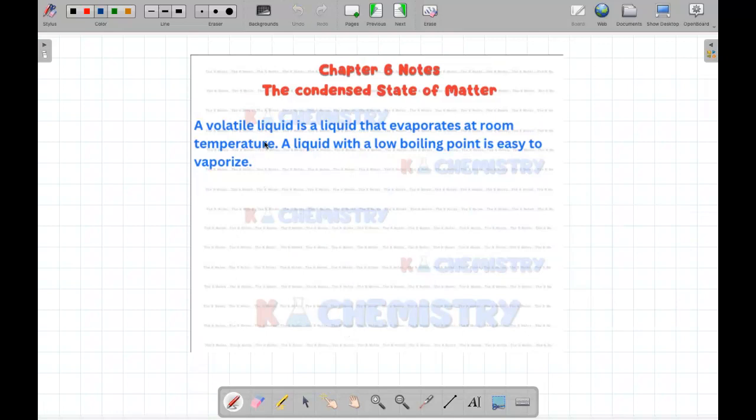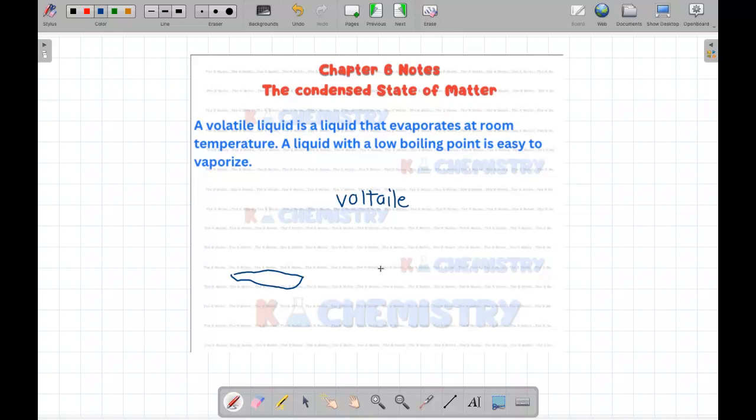Now, some of the liquids are called volatile liquids. They are called volatile because they can evaporate at room temperature. So if you just spilled some water over the ground, this water is going to stay a while on your floor, and it will be evaporated only if it is exposed to high temperature, like if it was in the sun outside for a long time.